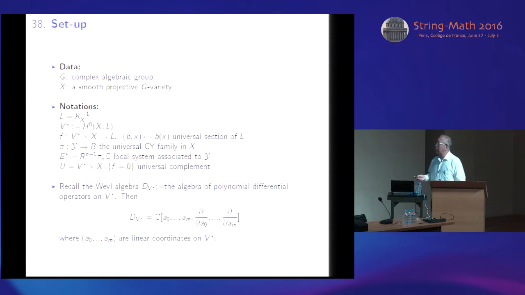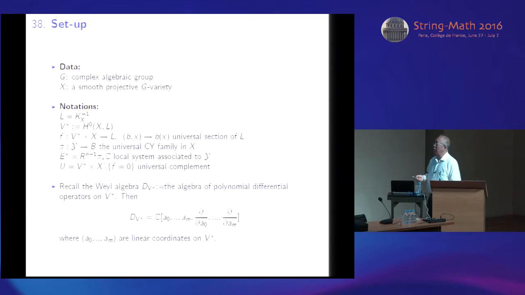And then we have the universal Calabi-Yau family in X, which we call pi, from Y over V star. And we have the local system associated to Y. Then we look at V star cross X, which is sitting here, and subtract out F equals 0, the zero locus of the universal section. So this is the notation we shall use.